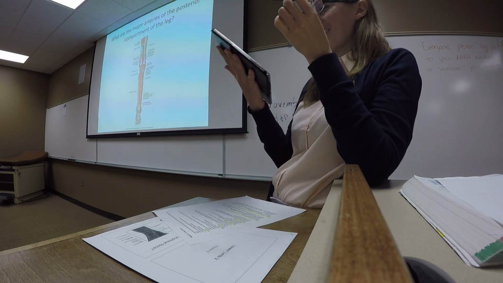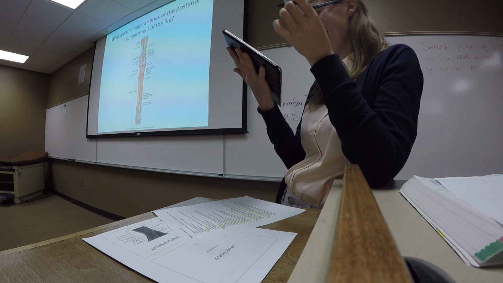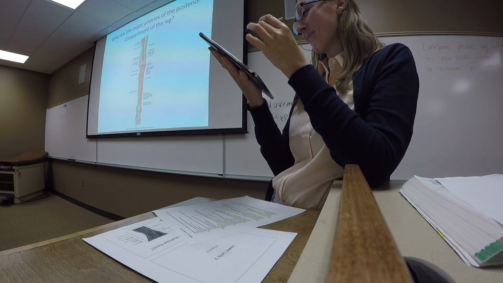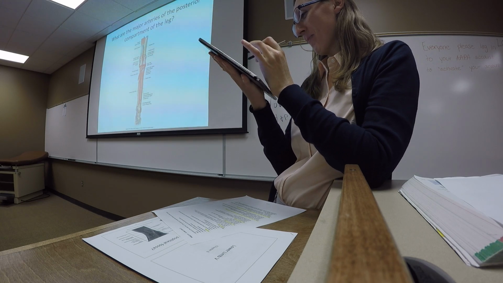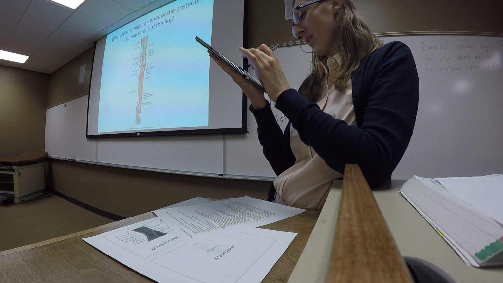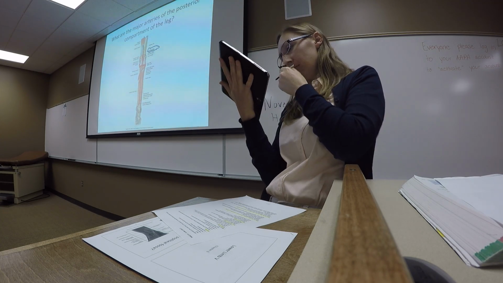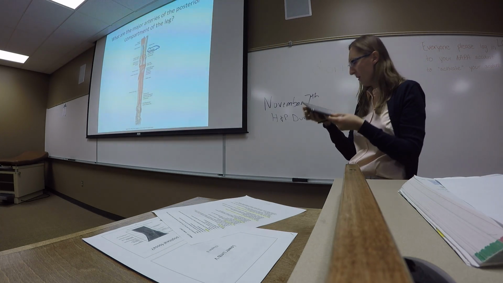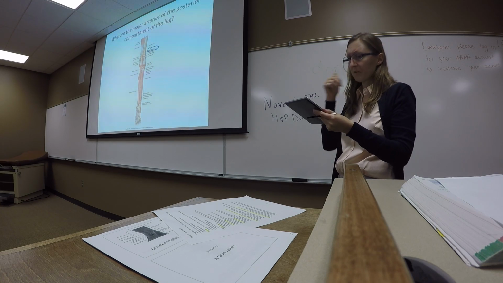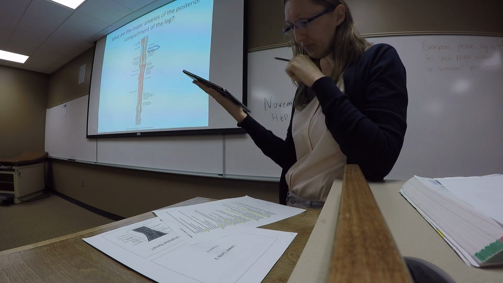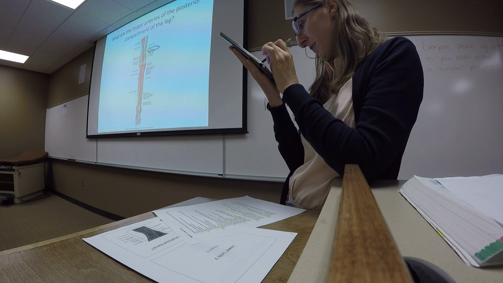Okay, so major arteries of the posterior compartment. Remember, we're continuing on with the popliteal artery. That then divides into the posterior tibial artery here.